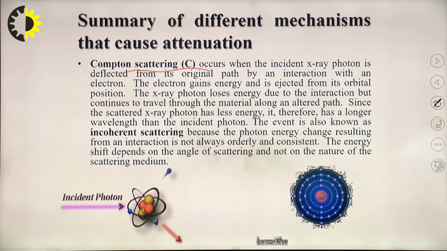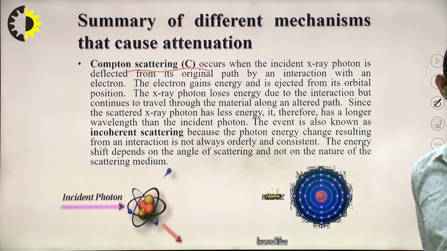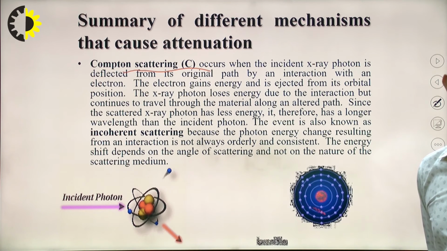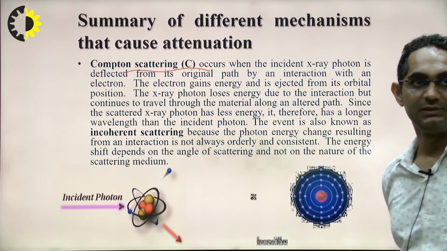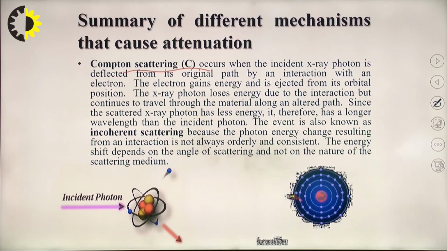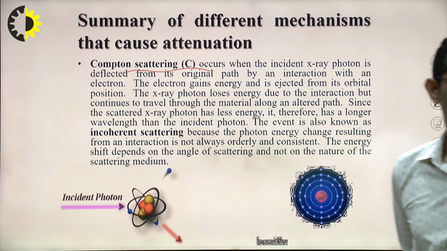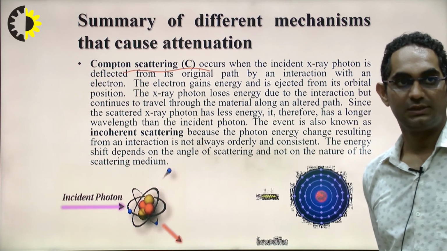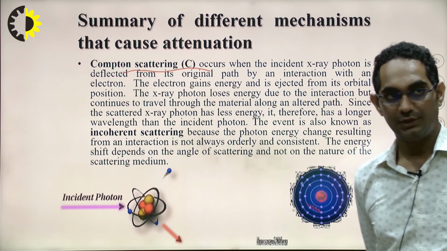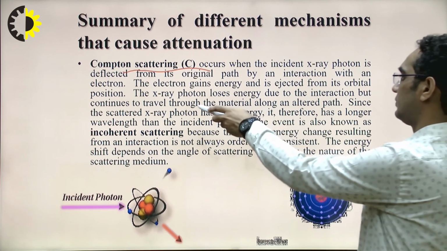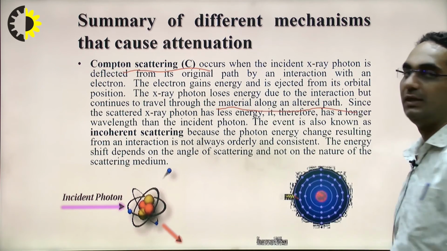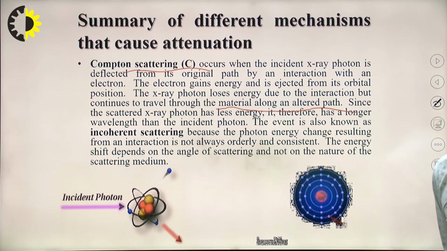Then the electron gains energy and is ejected from its orbital position. The X-ray photon loses energy due to the interaction, but continues to travel through the material along an altered path.